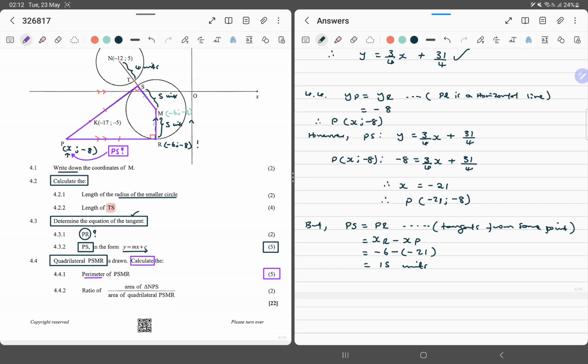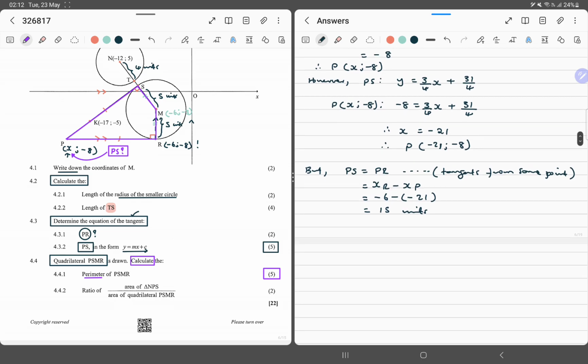Now that we have sorted our thing, we can say the perimeter of PSMR is going to be equal to 2 times PR. Maybe we can just use PS now because we determined PS, because that is the two sides that are equal, plus 2 times, say for example, MR, because those are the two radii.